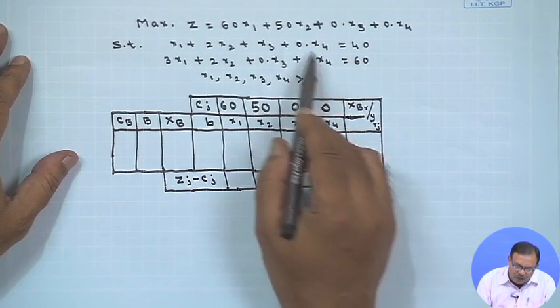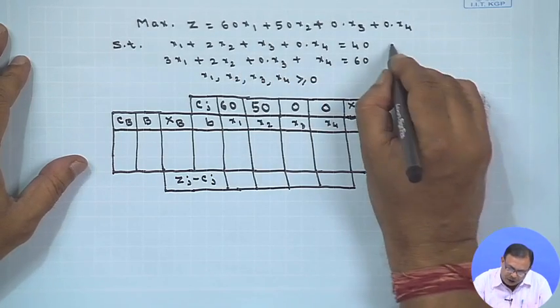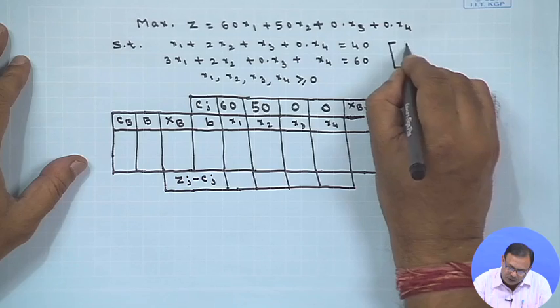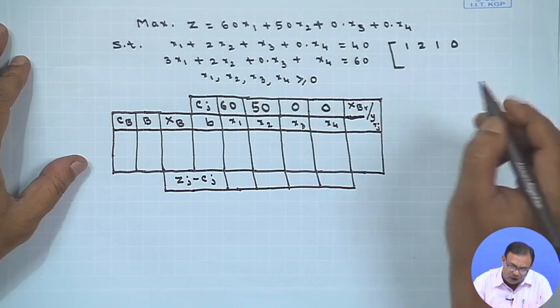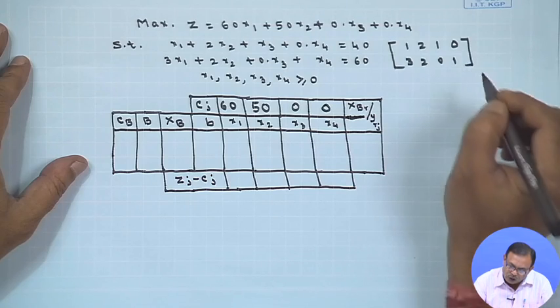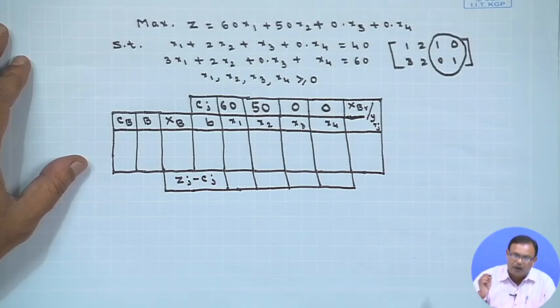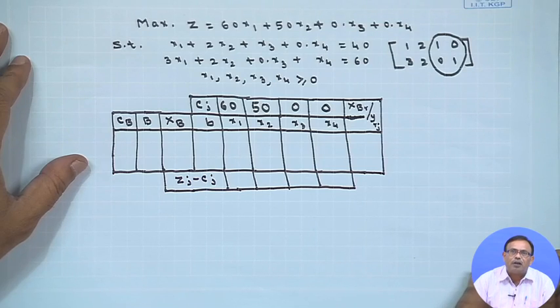Now, from here, this is a matrix which we can write down as 1 2 1 0, 3 2 0 1. So, if you see, these two columns will always form linearly independent vectors.